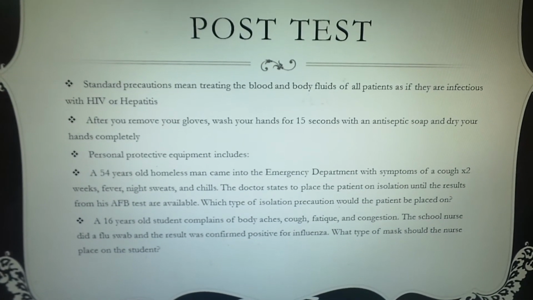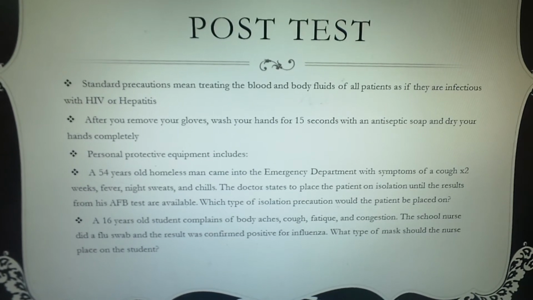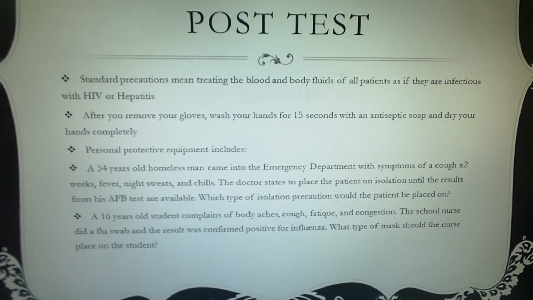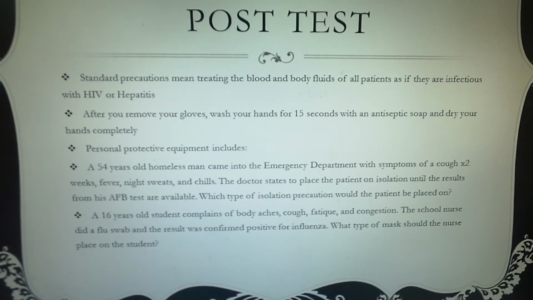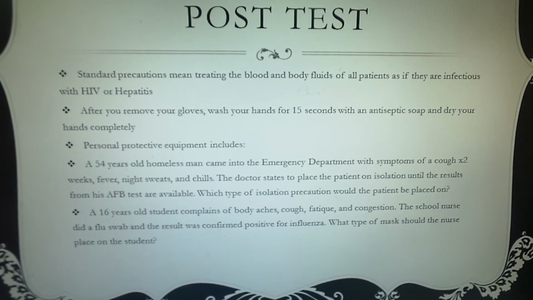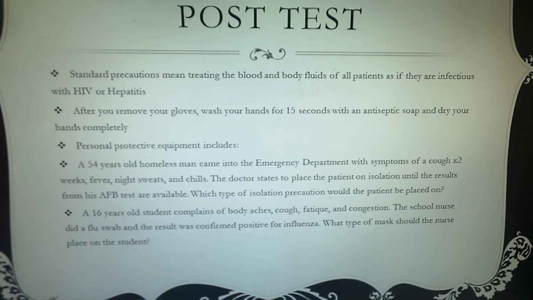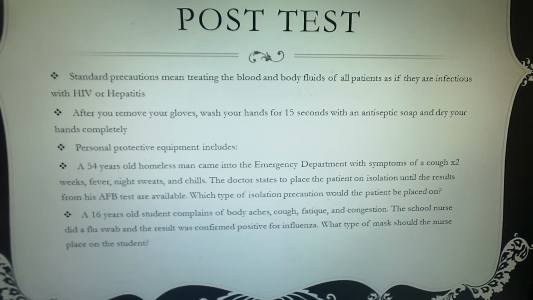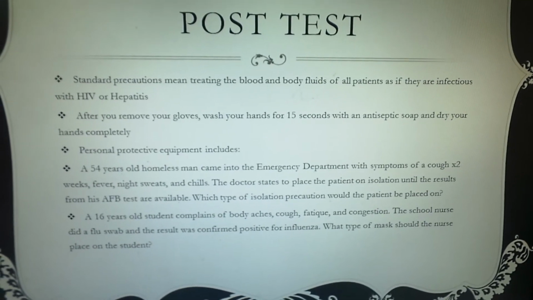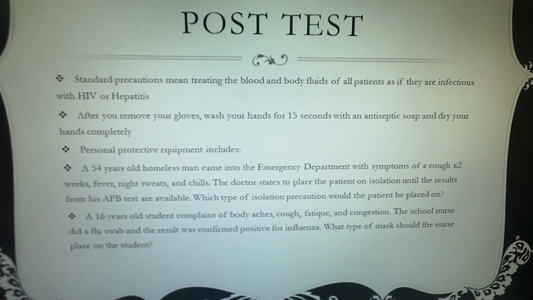Personal protective equipment includes headgear, mask, gloves, gowns, shoe covers if needed. A 54-year-old homeless man came into the emergency department with symptoms of a cough times 2 weeks, fever, night sweats, and chills.